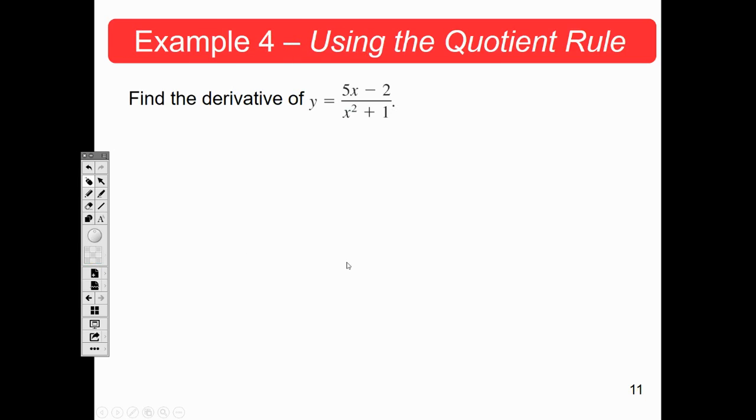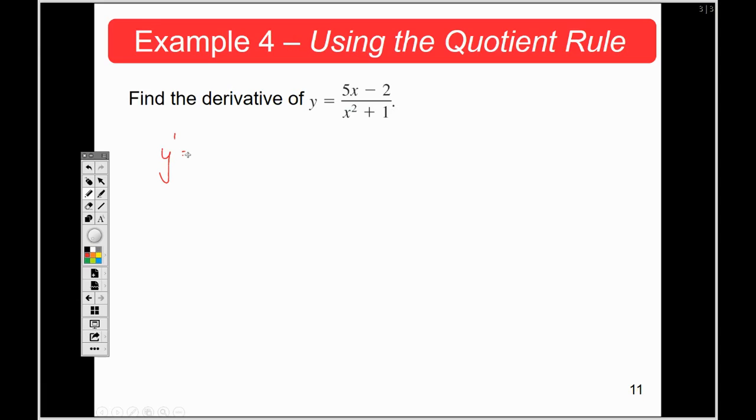So let's look at a quotient rule problem. Okay, so y prime is going to be the bottom, x squared plus 1, times the derivative of the top, low d high, which is just 5, less high, d low, 2x, all over the denominator squared.